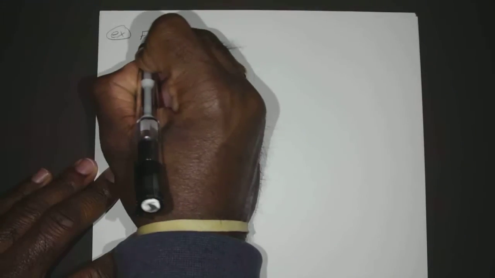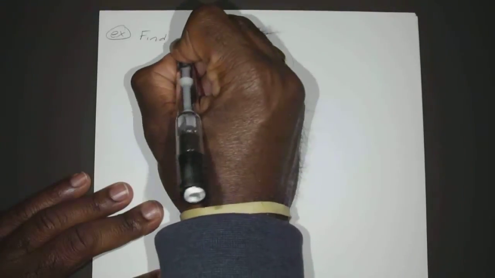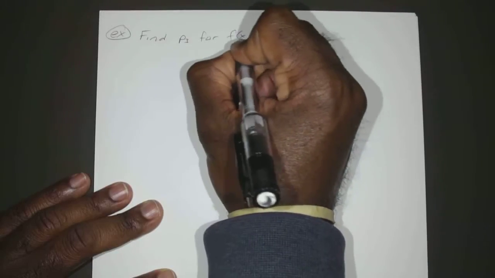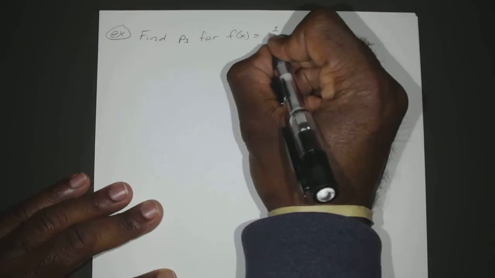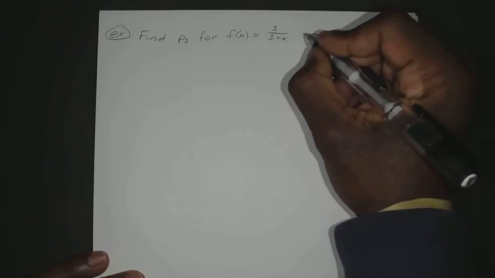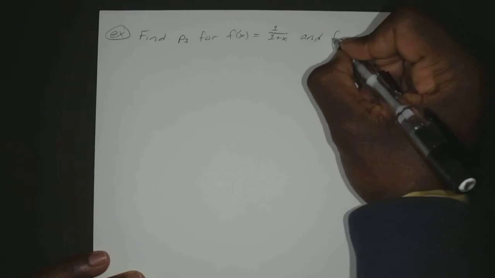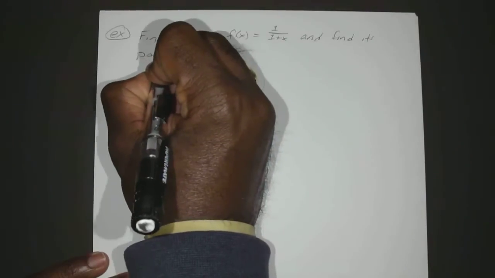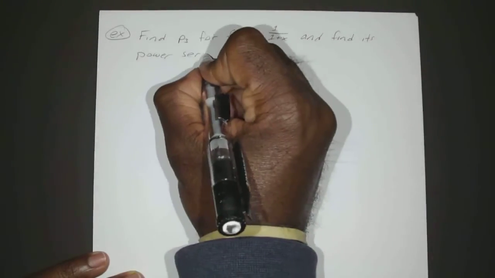So let's say we wanted to find our p sub 3 for f of x equals 1 over 1 plus x, and find its power series representation.